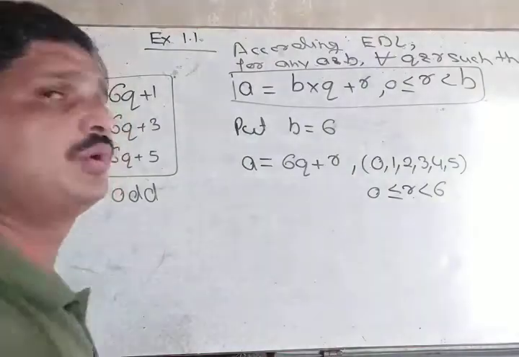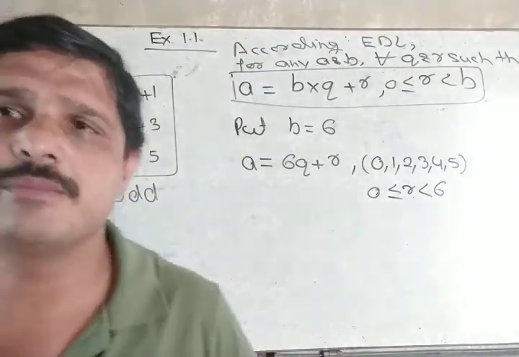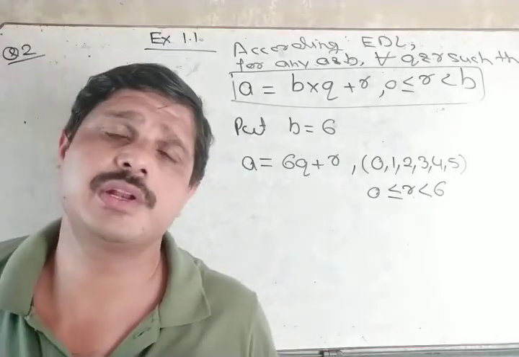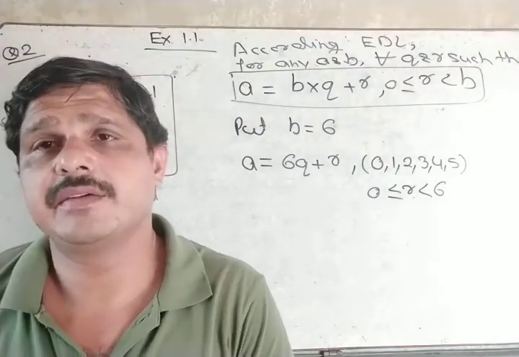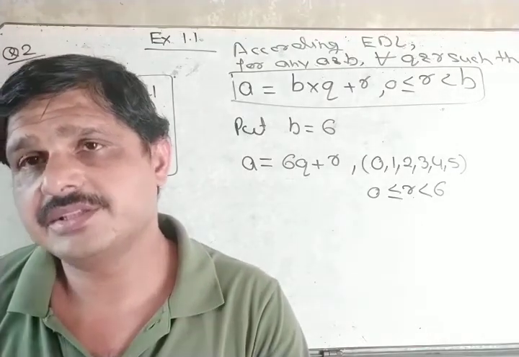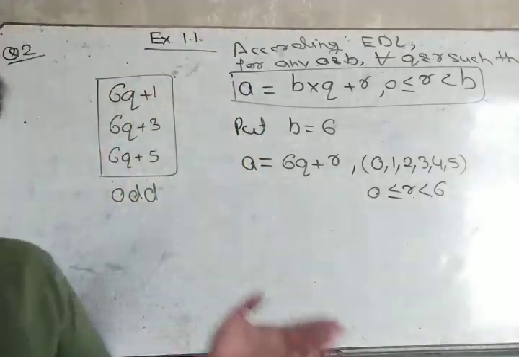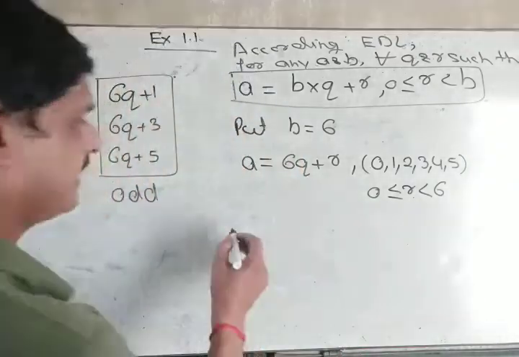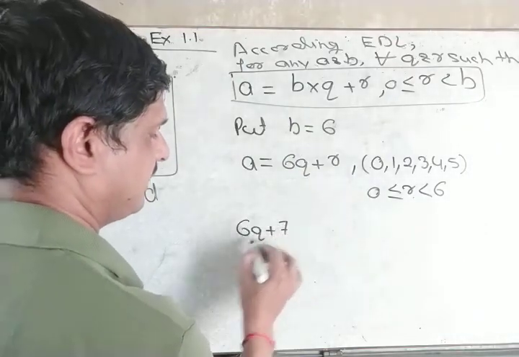I told you, take care of the value of r. We have chosen any number, and in your question it is given that we have to prove 6q plus 1, 6q plus 3, 6q plus 5. And why has it not taken 7?